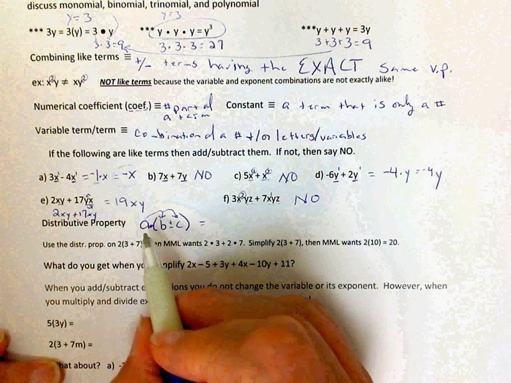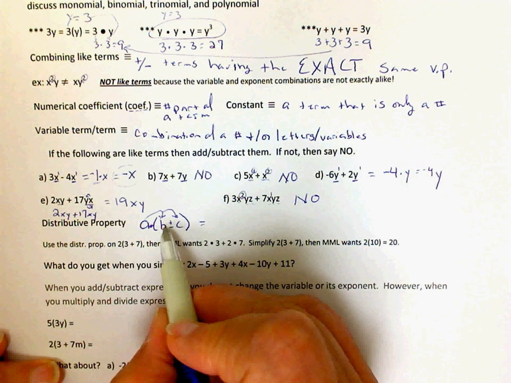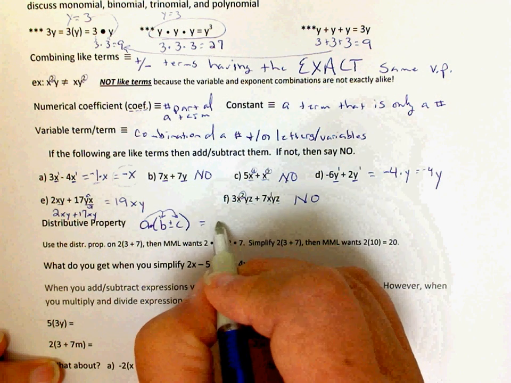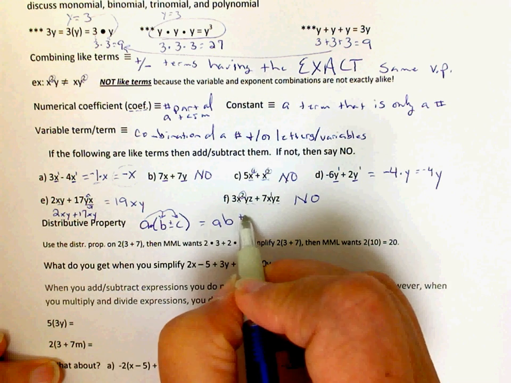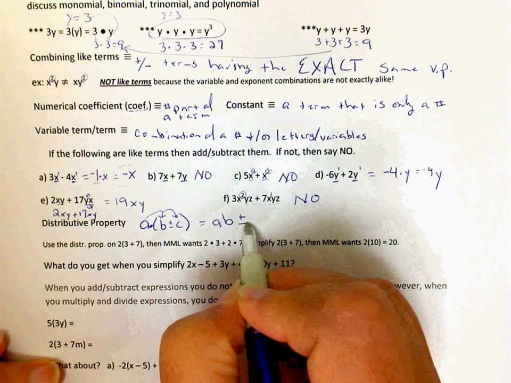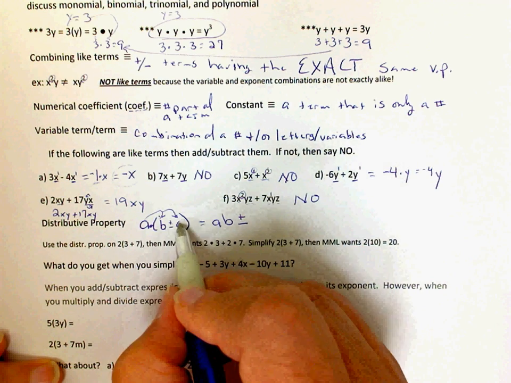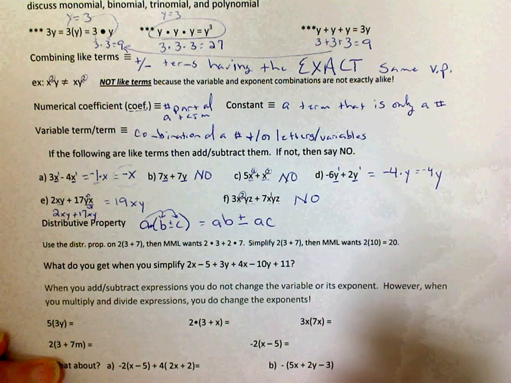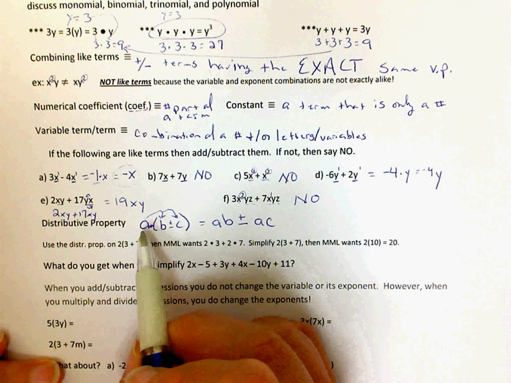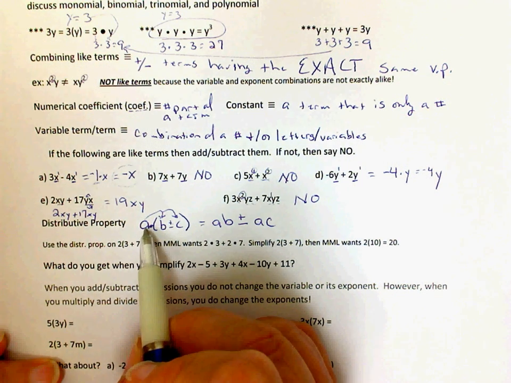So A times B is AB. If this is a plus, this is a plus. If this is a minus, this is a minus. And then A times C. And the story that goes along with it, if you remember, is A came to a party by herself, and she met this couple, B and C.